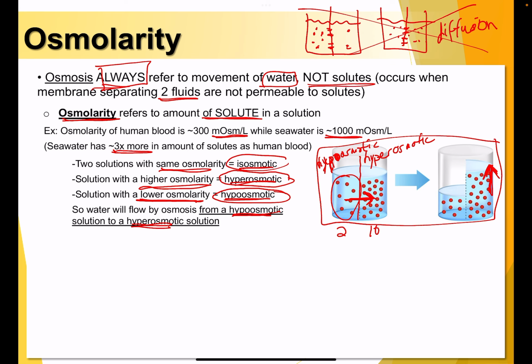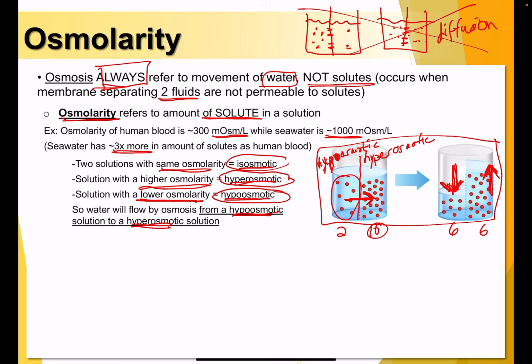There's no way for me to equalize that by diffusion. So let's dilute this down to 6, and then we'll concentrate the other with less fluid so that both of them have an osmolarity of 6. That way both sides now have equal concentration of solutes.